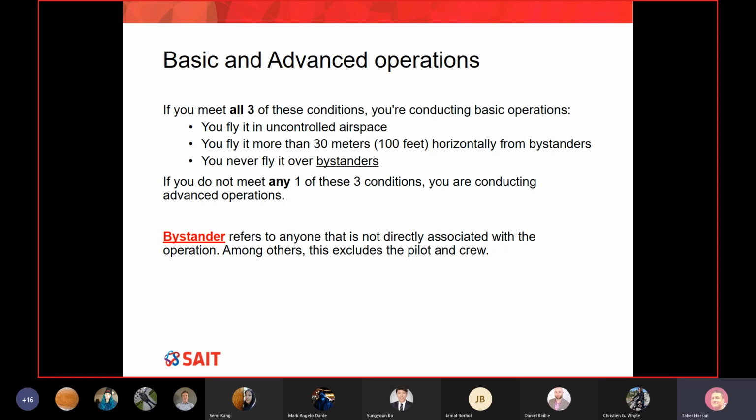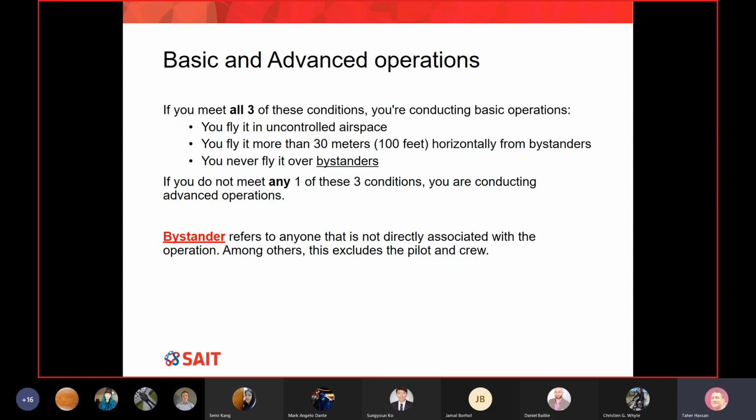Please wait for the next slide to know where the controlled airspace is. Number two, you need to be away from bystanders by 100 feet, which is 30 meters. Okay. Number three is you never fly your drone over bystanders.